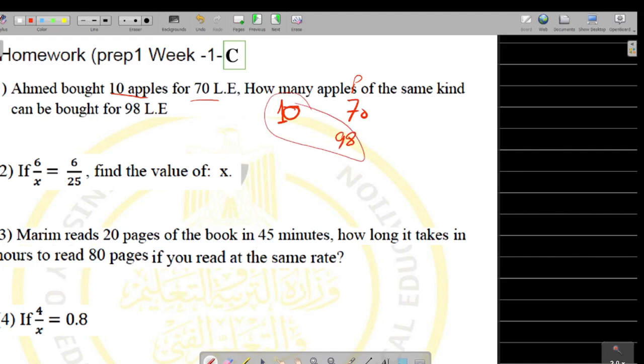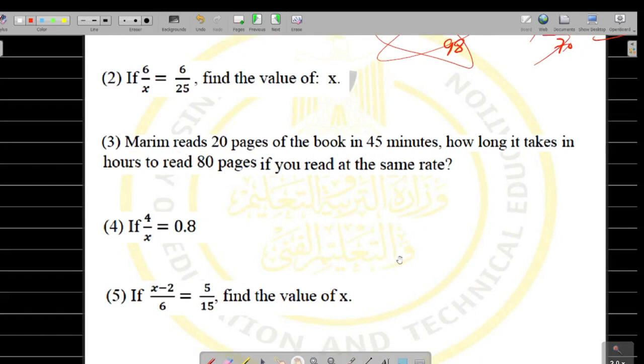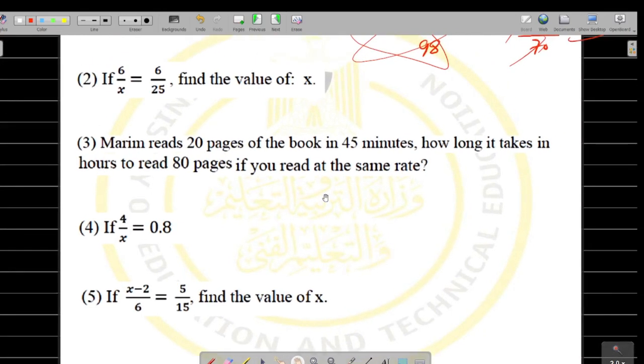The same idea, product of extremes equals product of means. So 10 times 98 divided by 70, and try to solve this question. Another question, the same, this question number 2, the same idea, you can do it alone.